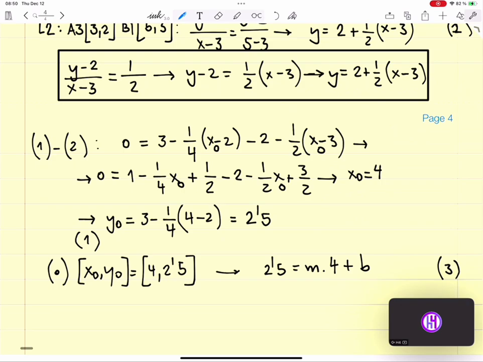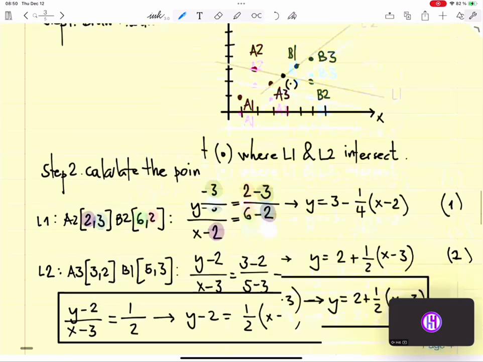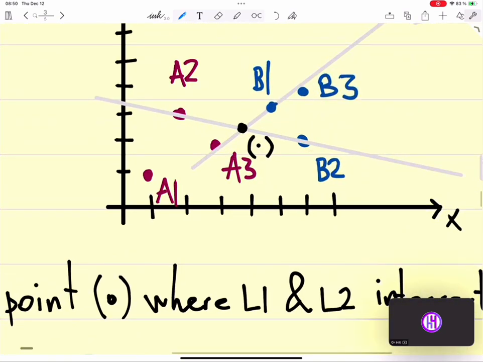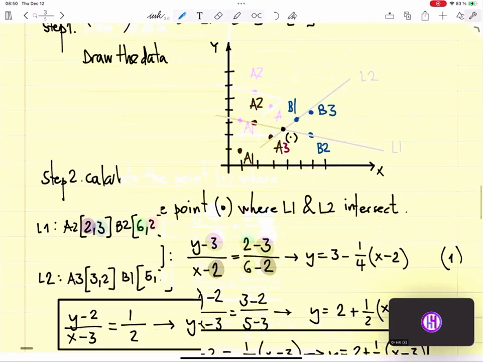And how to get to this? So you see, approximately this point is 4 and 2.5. Okay. So this is pretty accurate.